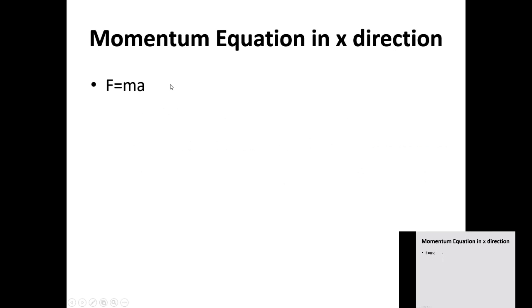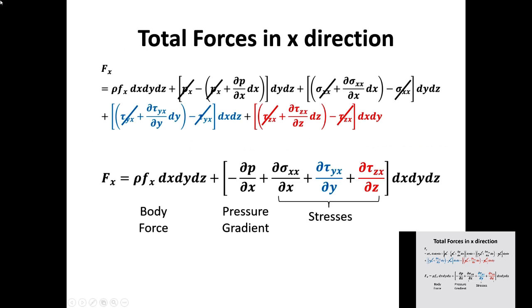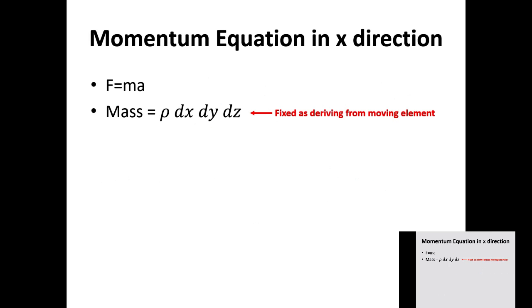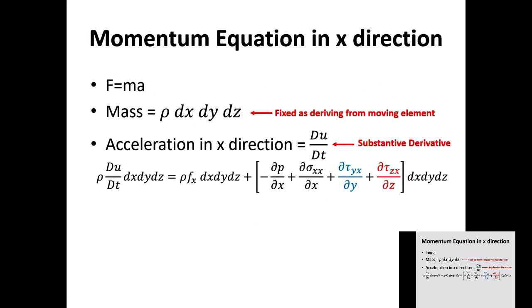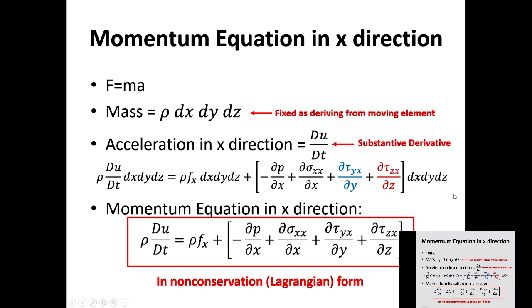So if you look at this equation, that's your F. You are trying to equate this F to ma. So you have your F here. Ma is rho dx dy dz times du over dt. That is your a. That is your m. Rho dx dy dz is the m. So that's your total momentum equation in the x direction.